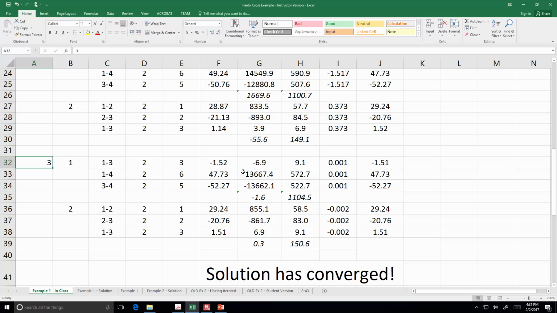From the perspective of pipe 1, that's negative, which means it's that direction, 52.27. And so then our final one, pipe 1-3, okay, I'm looking at it now in terms of loop 2. It was positive in loop 2, which means the flow is going that way. All right? So 1.51.